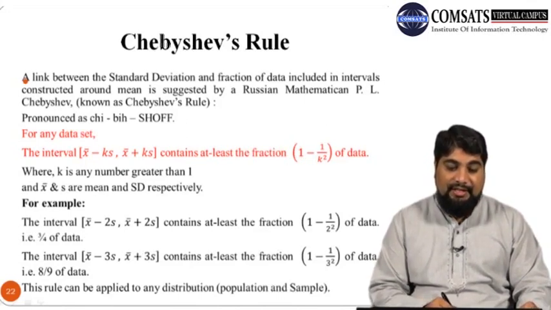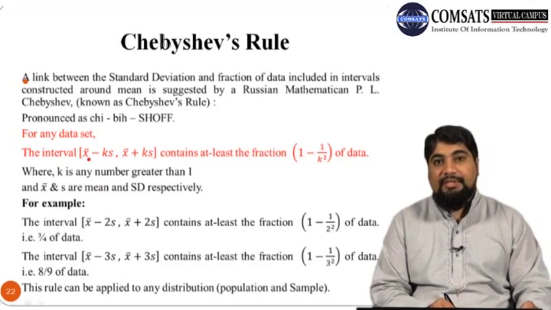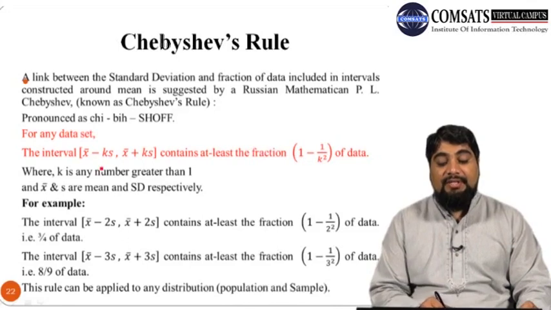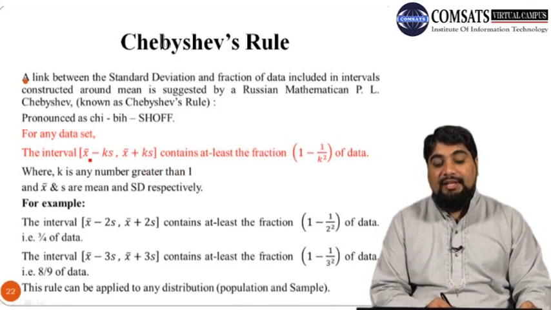So for any data set, consider the interval x bar minus k times s and x bar plus k times s, where k is any number greater than 1, x bar is the arithmetic mean, and s is the standard deviation.